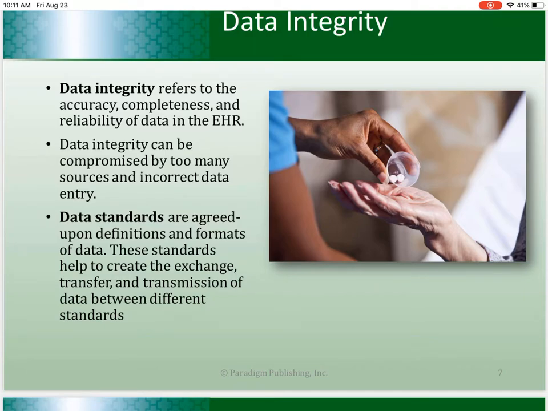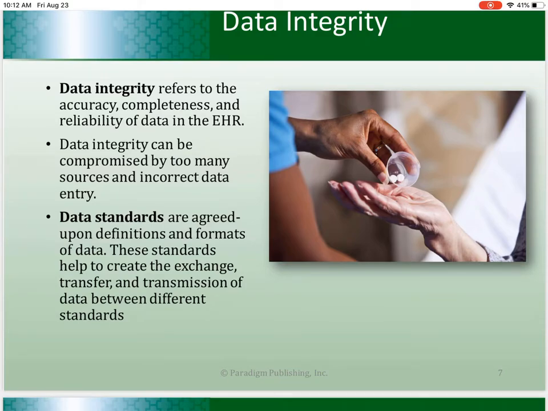Data integrity can be compromised when the content of the data element is entered incorrectly, or when the EHR system protections do not work appropriately. So, an example we have is a nurse does not enter a patient's medication allergy correctly in the EHR, which results in the alert not working because there's no allergy in the system, or it gets ignored.